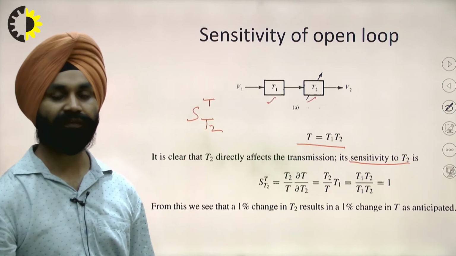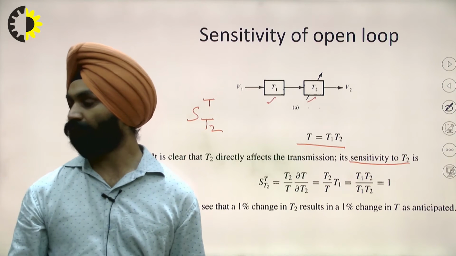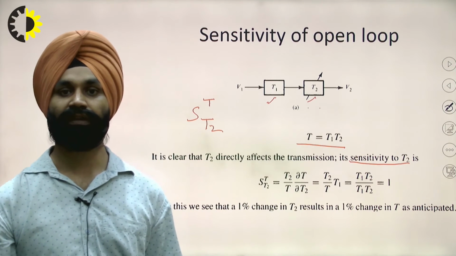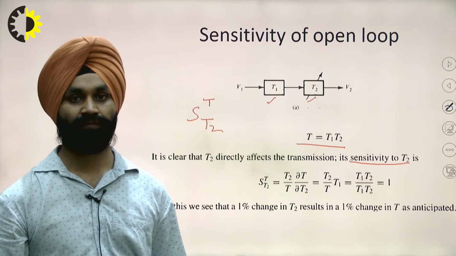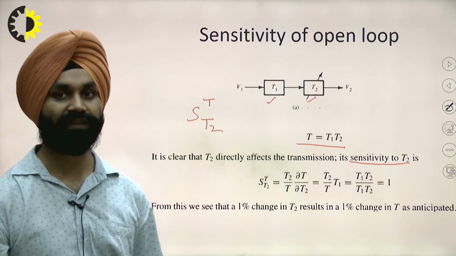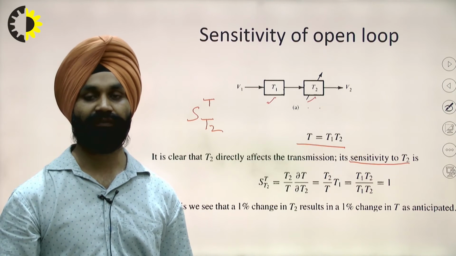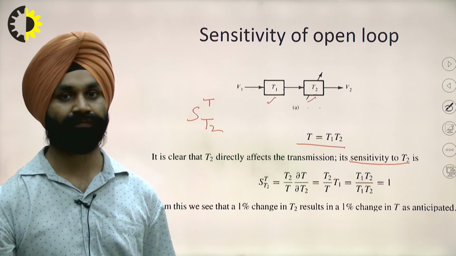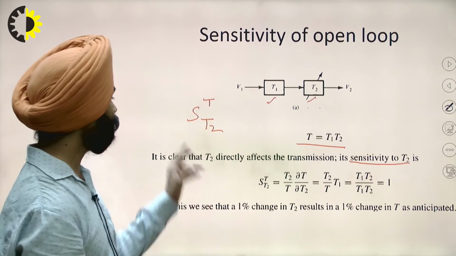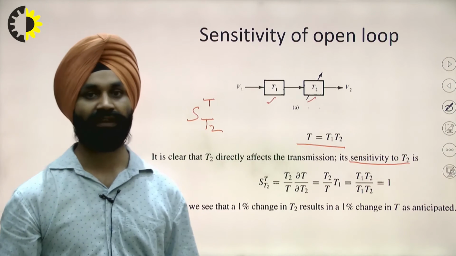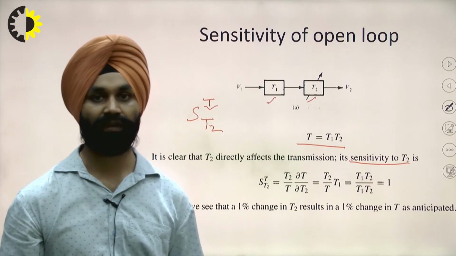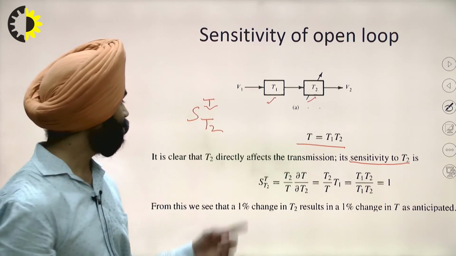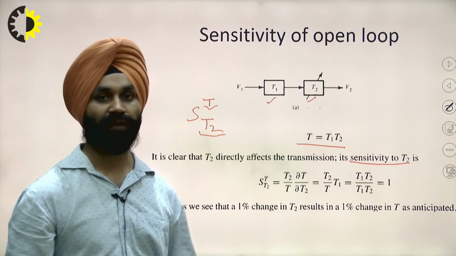So we can find out the sensitivity of T with respect to T2. So what is this sensitivity? It is the variability of one component with the variability of the other component.